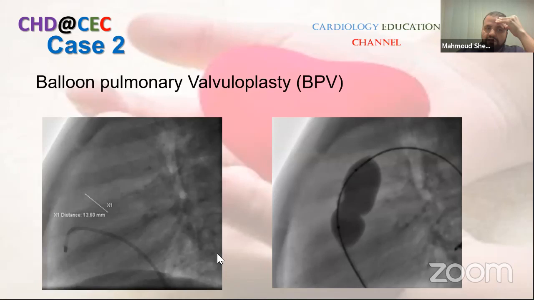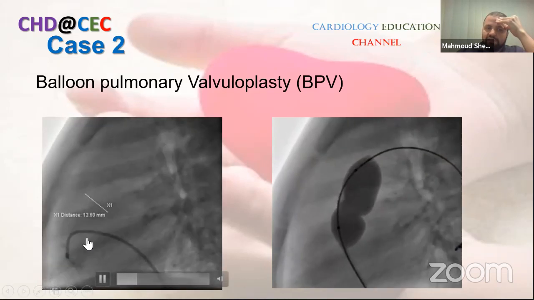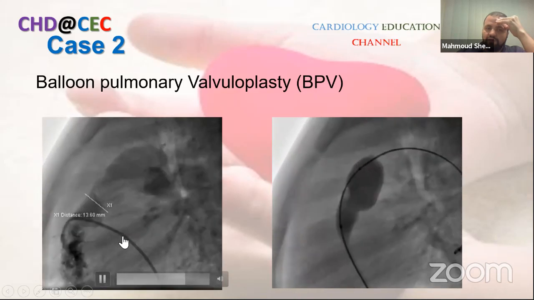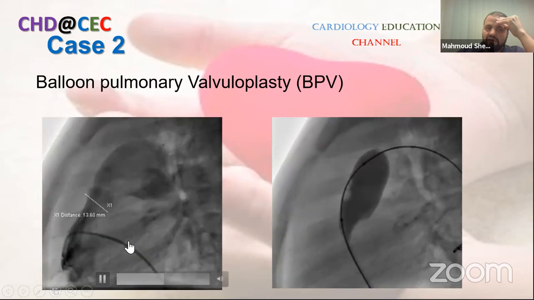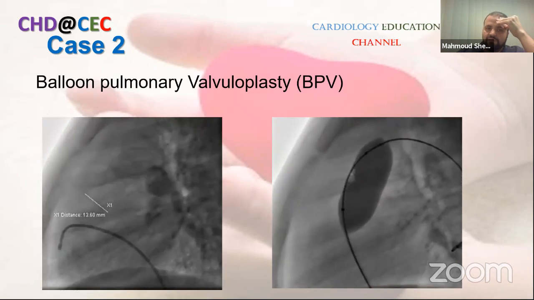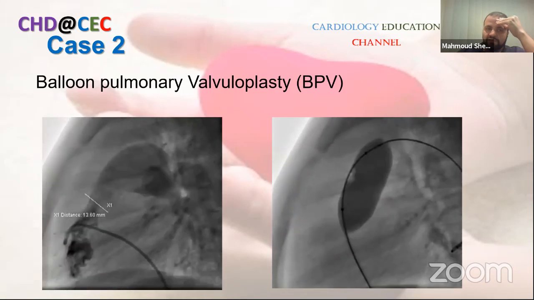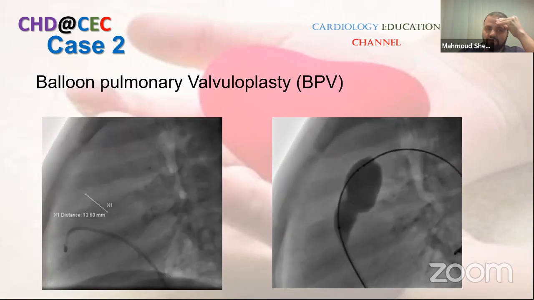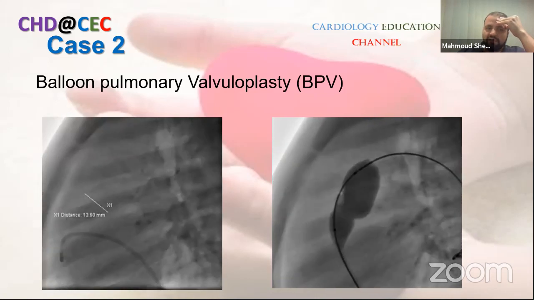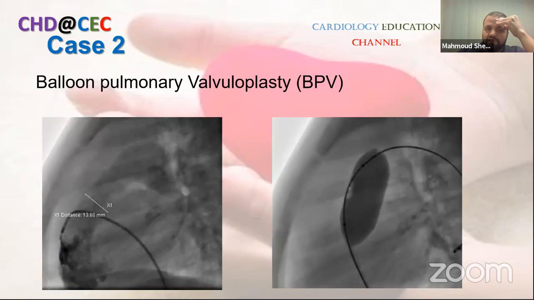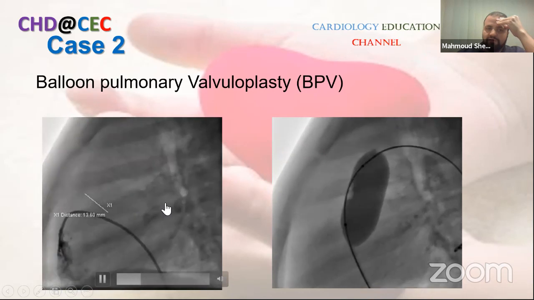So we start injecting in the lateral projection. We use an end-hole catheter here because of measuring the pressure gradients. After measuring the PA to RV gradient, or at least the RV pressure, if the valve is difficult to cross, we can measure just the RV pressure initially, do the angiogram, and then get the measurements of the annulus.